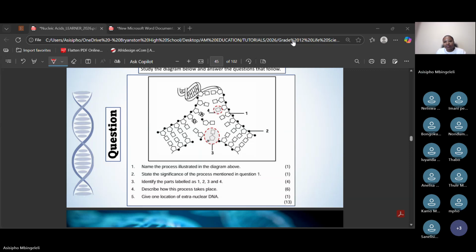Okay, let me not rush everyone. Maybe another 2 minutes. And please, you have to get full marks here. This one, DNA replication, full marks.